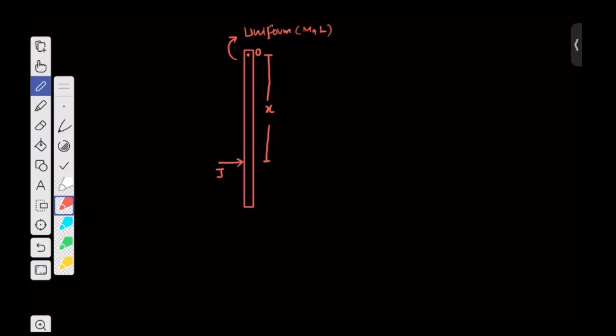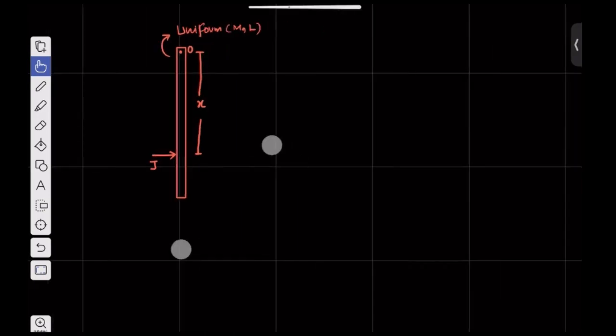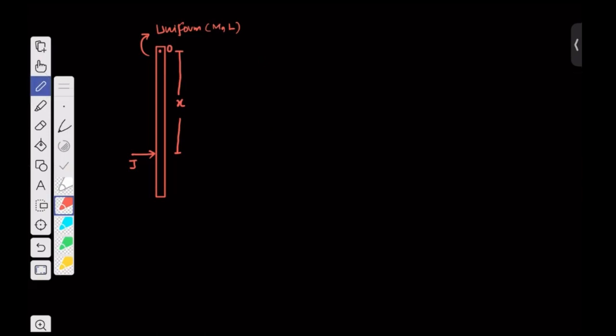Like the way in the case of events of very small time interval like collision, we were neglecting the non-impulsive forces, no? Same way, in the cases where we have things like collision or impulsive action, the torque of the non-impulsive forces will be neglected, correct? So here, the torque of gravity is zero at this position of the rod.